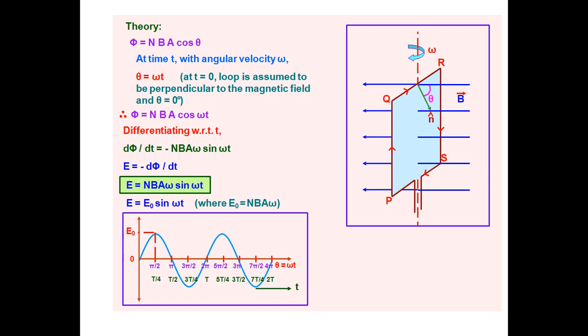So for every half circle, that is pi, and for the full rotation we take 2 pi.